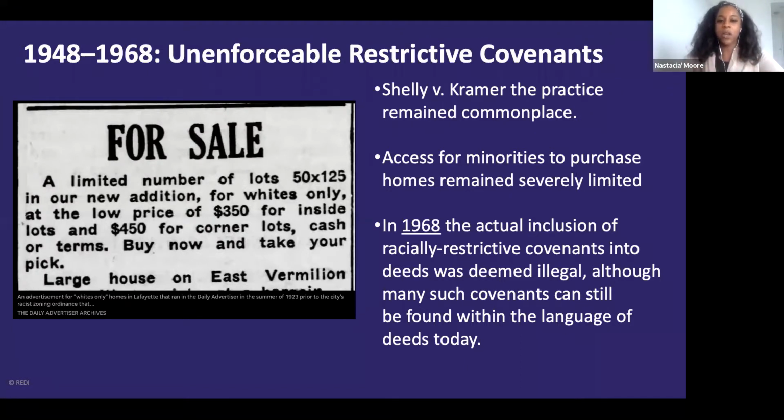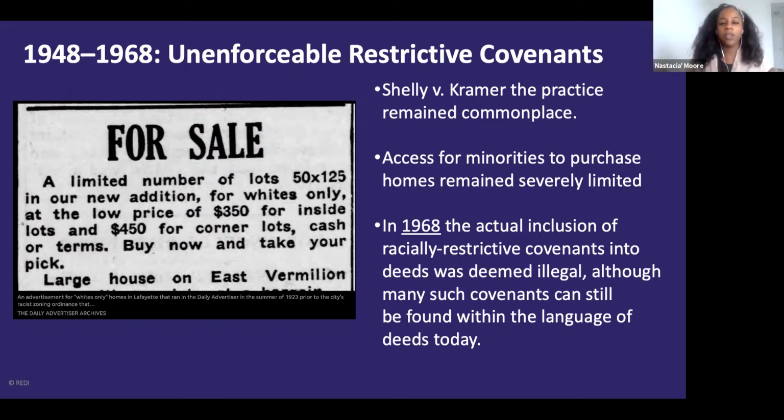These covenants were not covered under any laws preventing discrimination in most states. So folks, what do you think happened? Well, what happened is this: these covenants and agents steering Black folks into non-white neighborhoods never stopped.